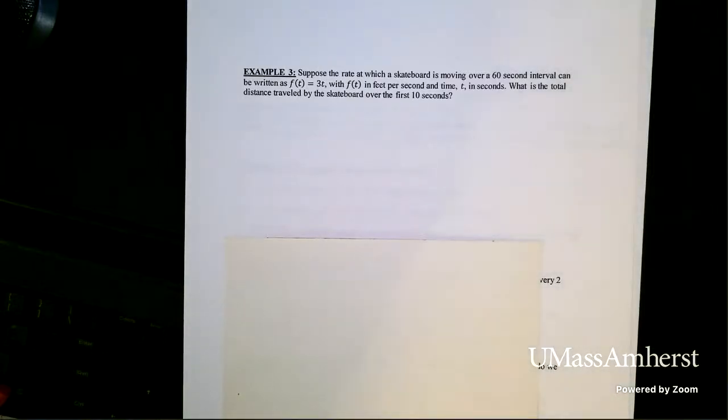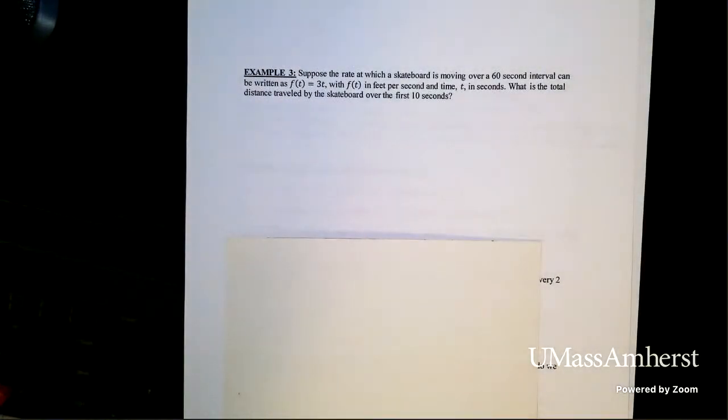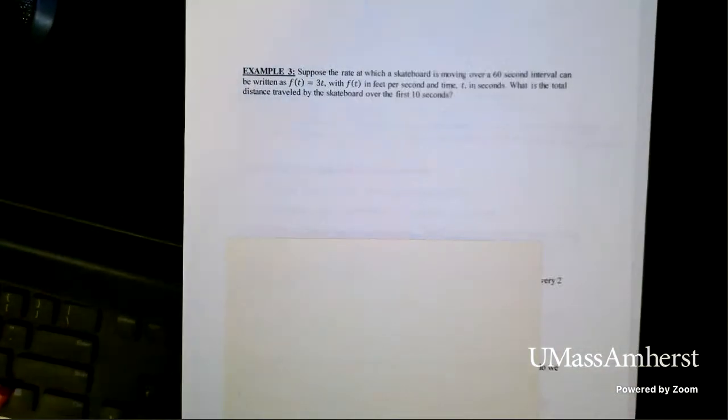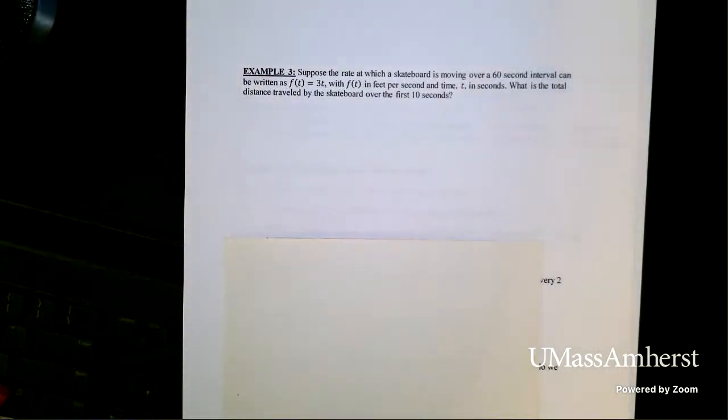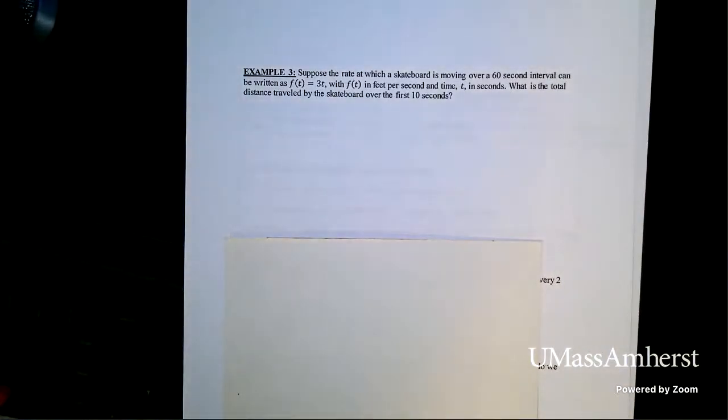Okay, so this is a little tricky because before we were able to multiply our rate times our time. And our rate here is 3t. If we were to multiply 3t times 60, we would still have a variable in our answer, right? We'd still have the t, we would just have 180t.